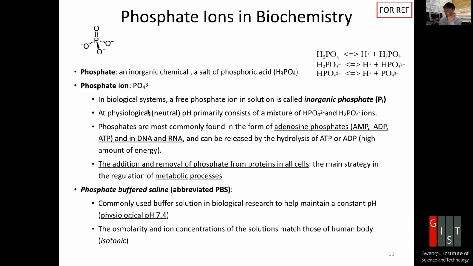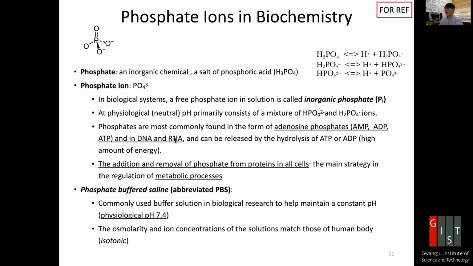At physiological or neutral pH, it consists of a mixture of HPO4 2- and H2PO4 1-, as you see in chemical reactions. These phosphates are commonly found in forms you may have heard a lot about, like ATP, adenosine phosphates, such as AMP, ADP, and ATP, and in DNA and RNA.